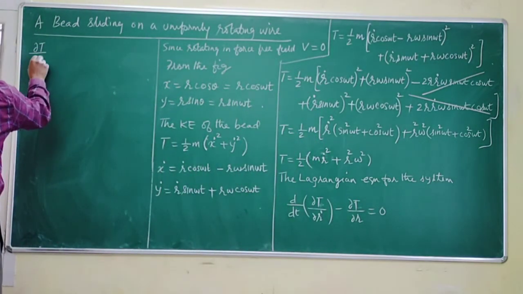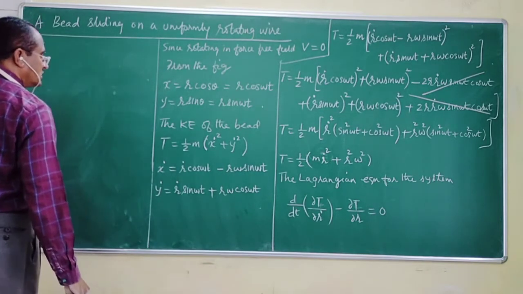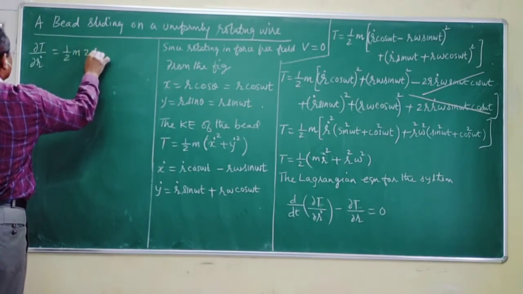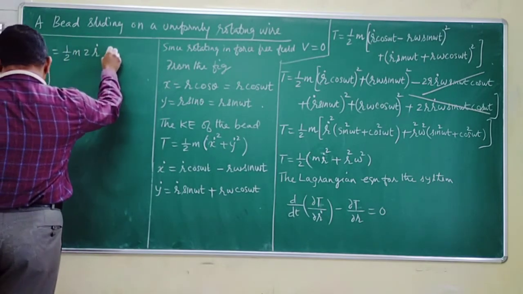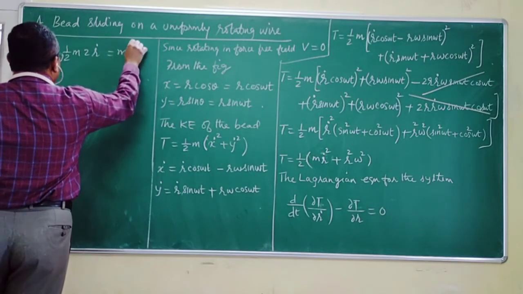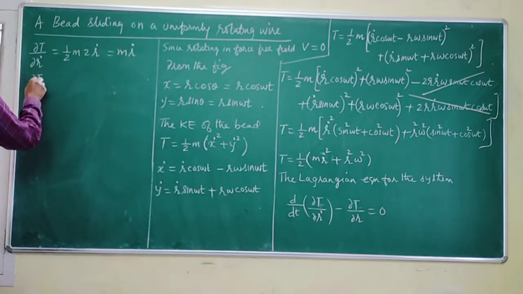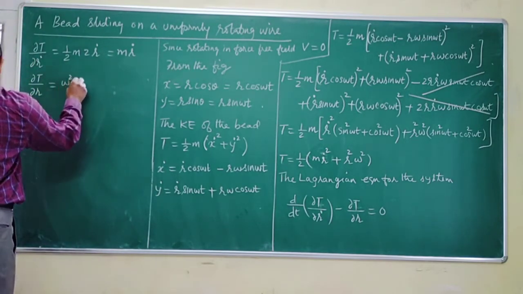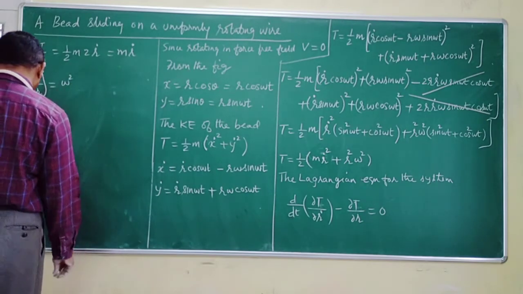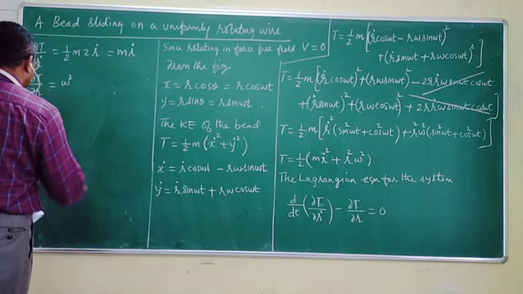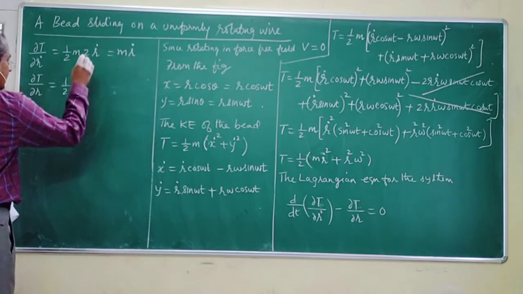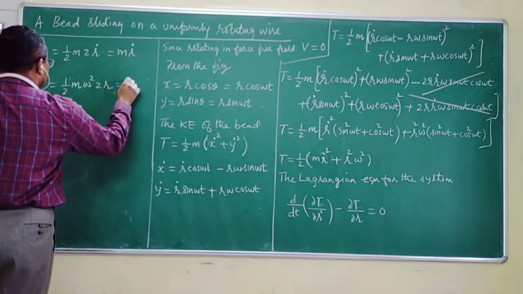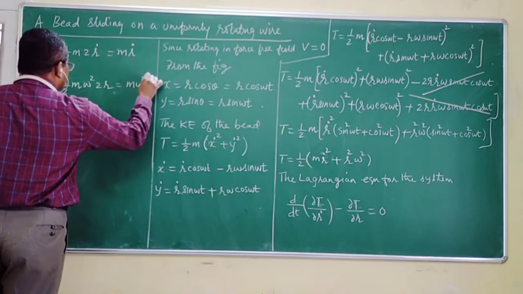Therefore, dou T by dou r dot will give me 1 by 2 m 2 r dot. 2 will go off to give me m r dot. Similarly, dou T by dou r, half m omega squared into 2 r, will be m omega squared r.